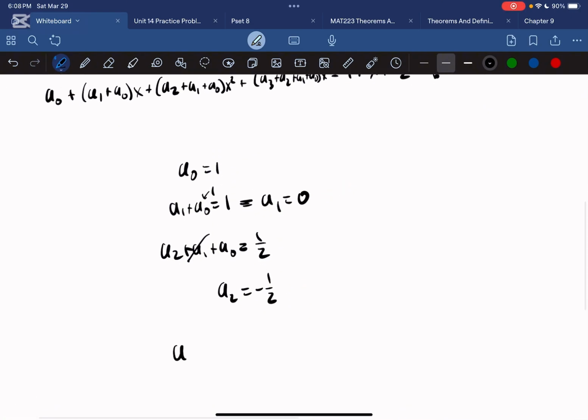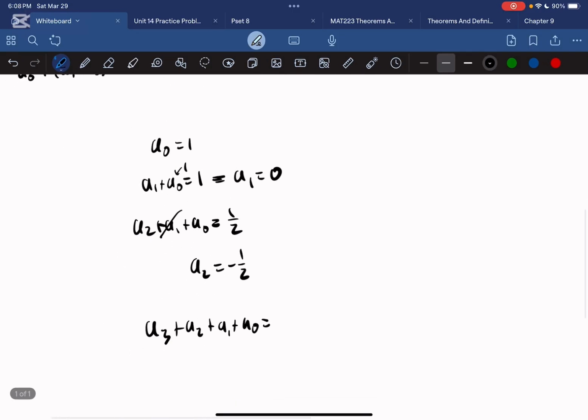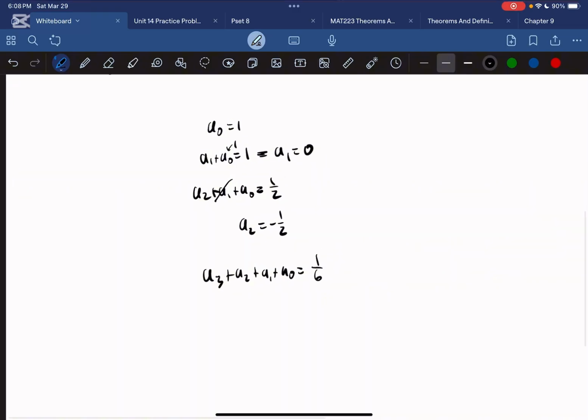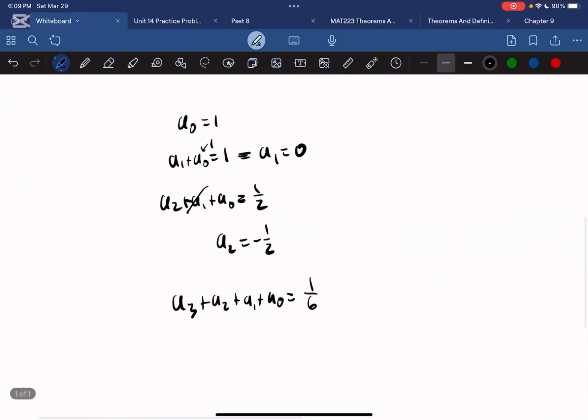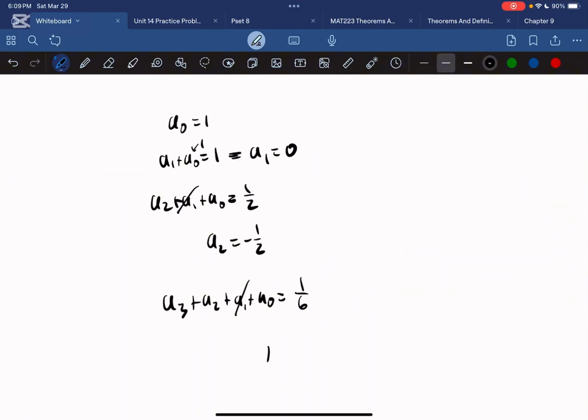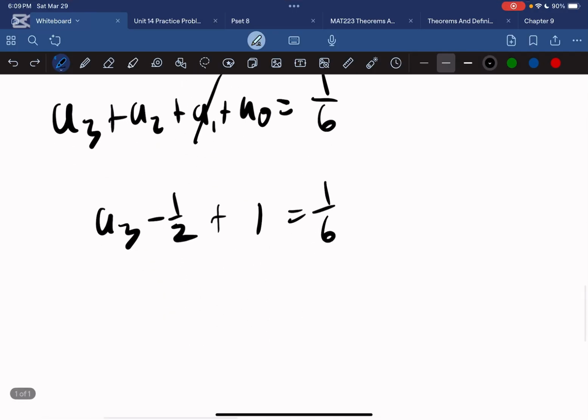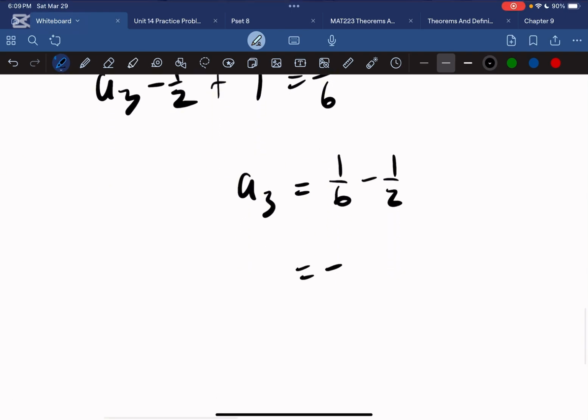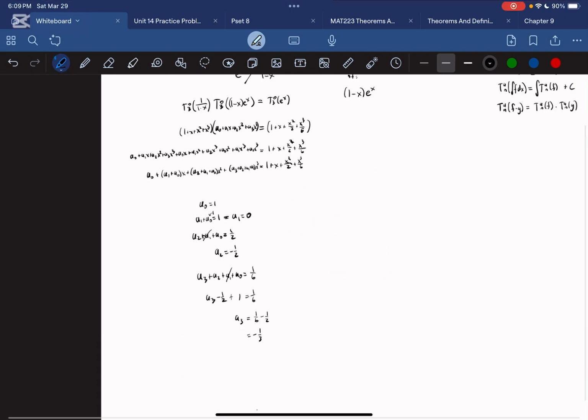And then now finally, a3 plus a2 plus a1 plus a0 has to equal 1/6. And so we know, let's see, a1 is 0, a0 is 1, a2 is negative 1/2, so a3 is equal to 1/6 minus 1/2, which is negative 1/3. And now we have all our a's.